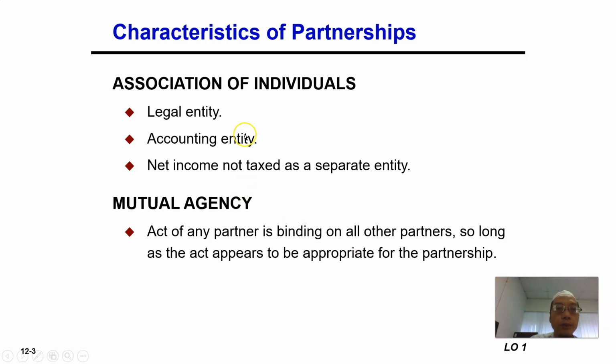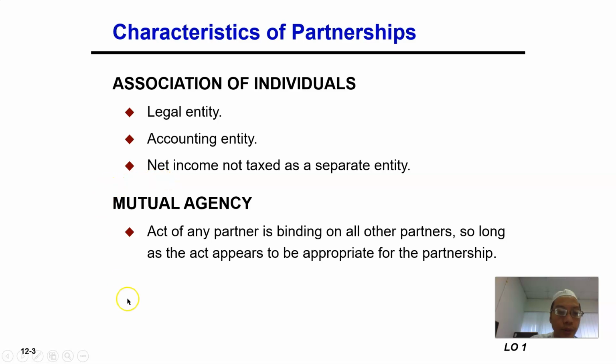So partnerships act as a legal entity separate from their own personal self. Partnerships also operate as an accounting entity separate from the partners themselves. But in terms of net income, the partnerships are not taxed, but the individuals will be taxed based on the amount that they receive from the partnership business.